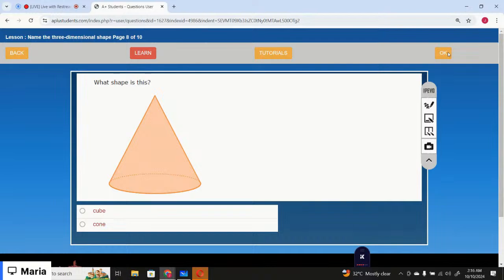What shape is this? Which is the correct option? Cone it is, right? Option number two is the correct option.